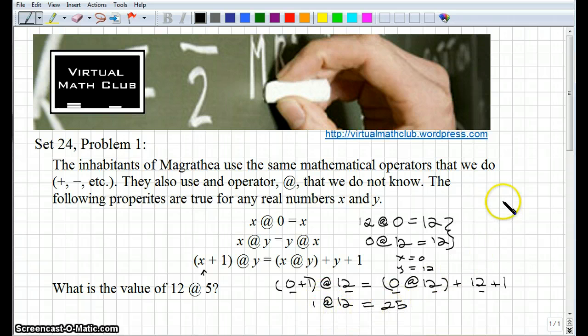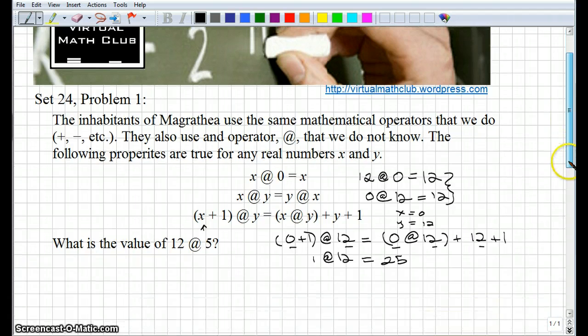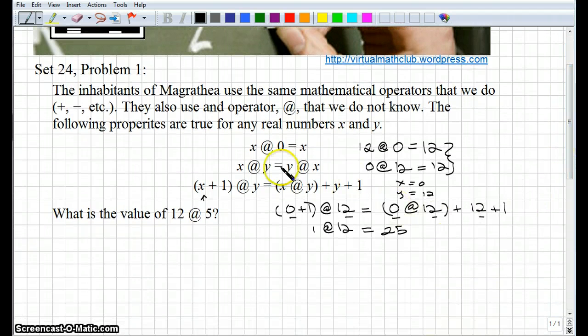Alright, well, let's do that again, because we're getting closer. We want to get up to 5. I should probably say too here that if we're trying to find 12 at 5, that's the same thing as 5 at 12 by this commutative property. This is commutative, and this is the identity.